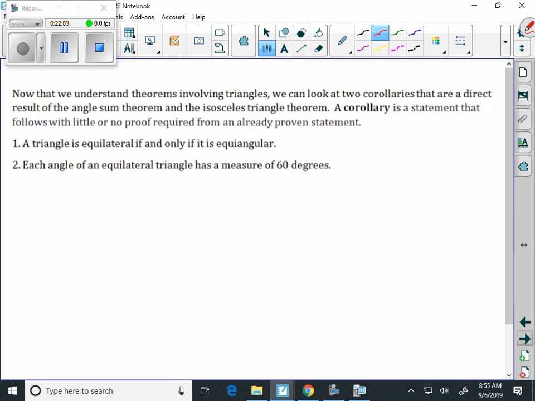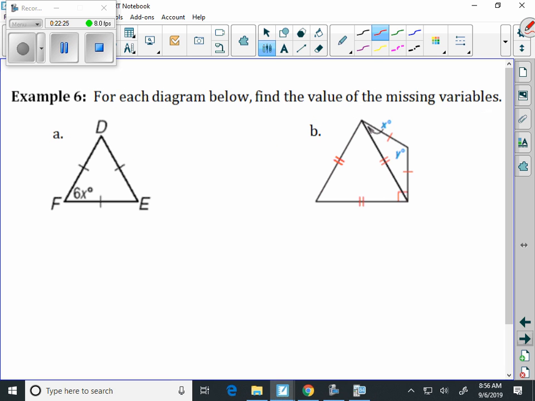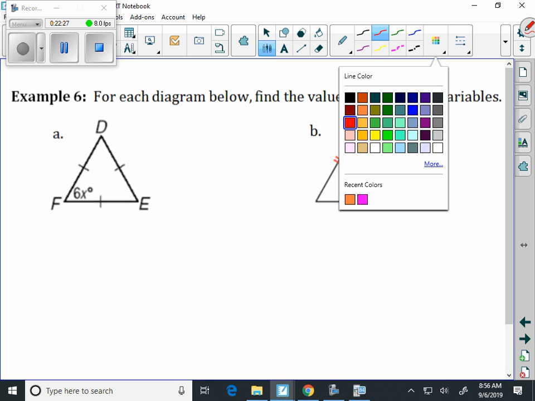And then, secondly, you might already know this, but in an equilateral triangle, each of the angles has to be the same measure. Since there's 180 degrees in a triangle, 180 divided by 3 is 60 degrees. So each angle of an equilateral triangle has a measure of 60 degrees. Which allows us here to get close to finishing.